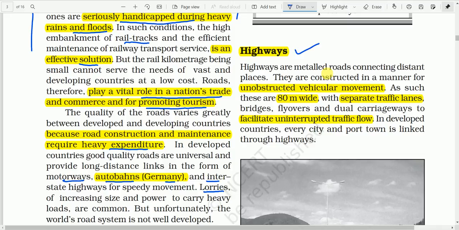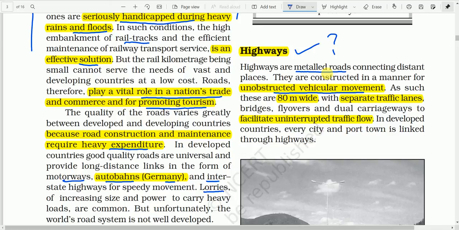So what are highways? Highways are metal roads connecting distant places, and they are constructed in a manner for unobstructed vehicular movement.